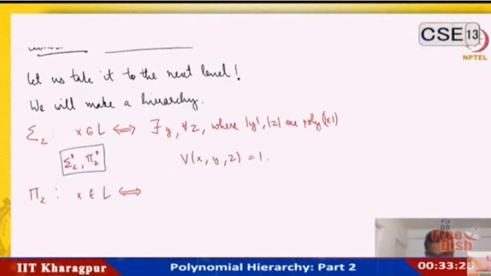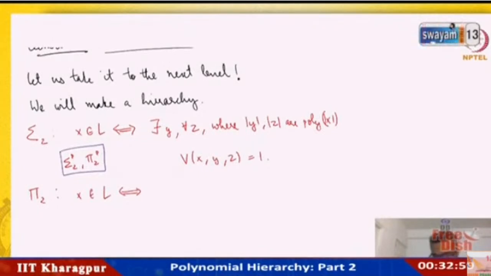Sigma 2 is the class of all languages such that x is in the language L if there is a string y such that for all z, a verifier will accept x, y and z. This may seem a bit confusing now, but hopefully with some examples we'll clear this up.